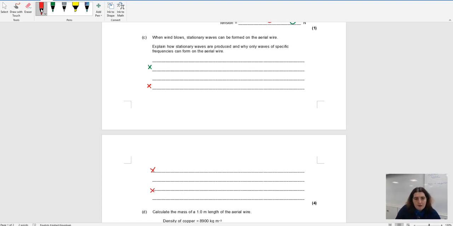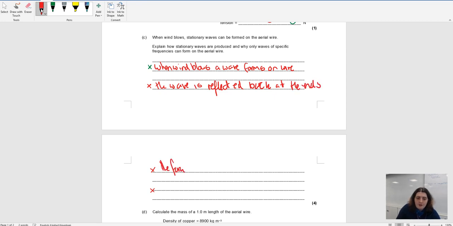So explain stationary waves: when the wind blows, a wave forms on the wire. The wave is reflected back at the ends.